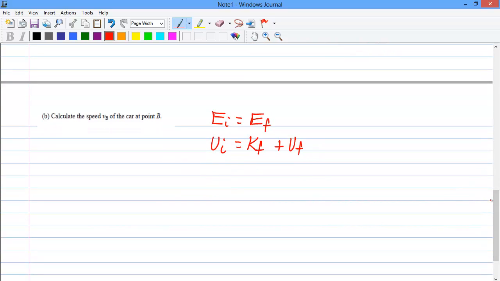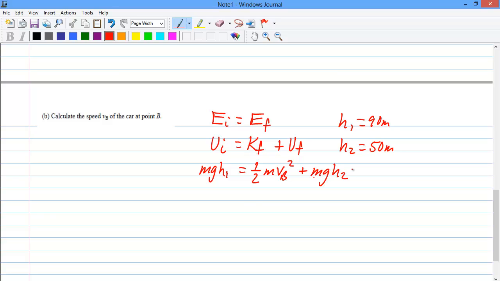We want to find vB, so this is mgh1 for the 90, so h1 is 90 meters, and h2 is 50 meters. And then this is 1/2 m vB squared plus mgh2.